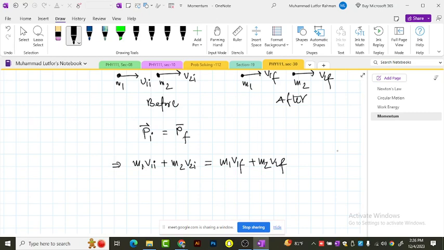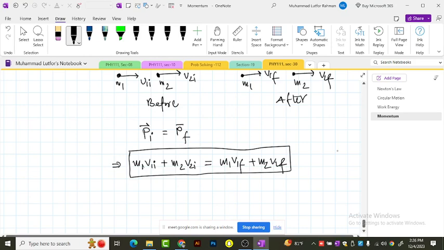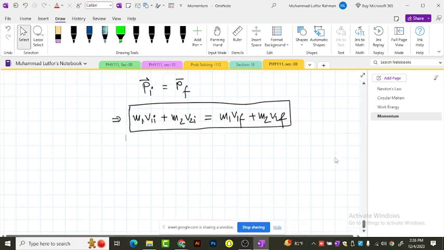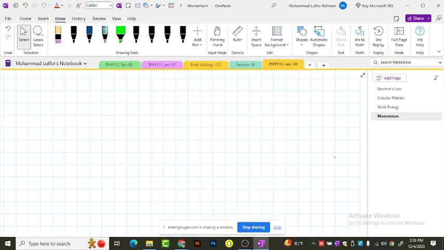We can write the conservation of linear momentum for this system. Whether it's an elastic or inelastic collision, every time the momentum of the system will be conserved, because we consider the velocity just before the impact and just right after the impact.